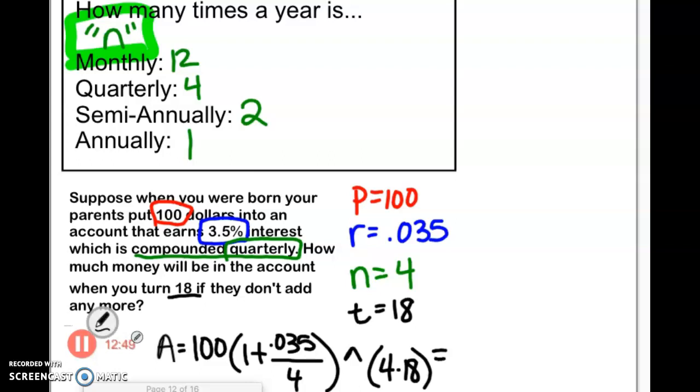The most common error with this type of problem is typing it into your calculator wrong. So please take a moment and try to match what I get. 1 plus 0.035 divided by 4 to the power of, and please use parentheses, otherwise you're going to end up getting the wrong answer.